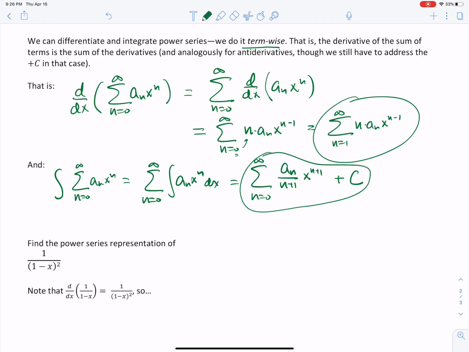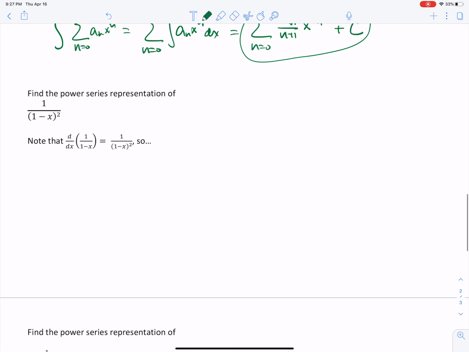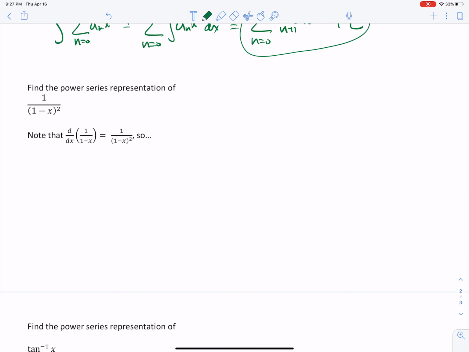So let's look at a few examples where we use derivatives and integrals. I've got one problem with derivatives and two problems with integrals here. If I want to find the power series representation of 1 over 1 minus x quantity squared, we want to recognize that this function is the derivative of 1 over 1 minus x. Let's go ahead and verify that.